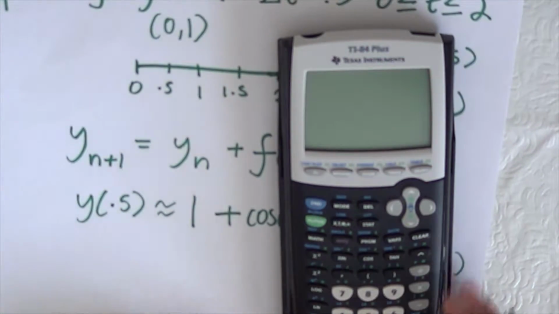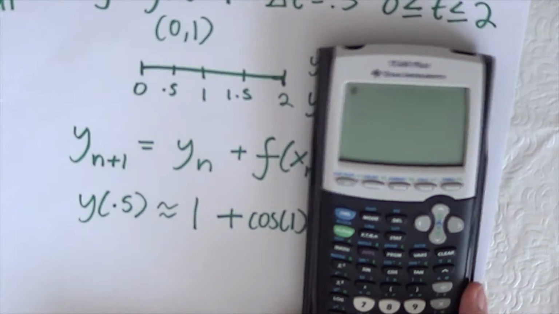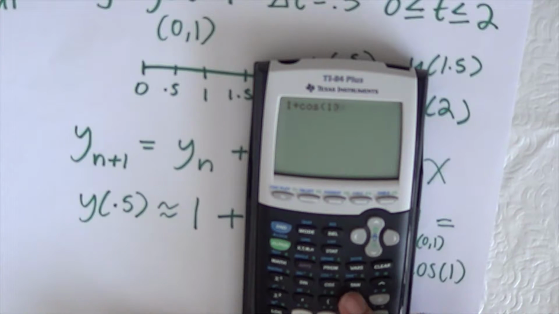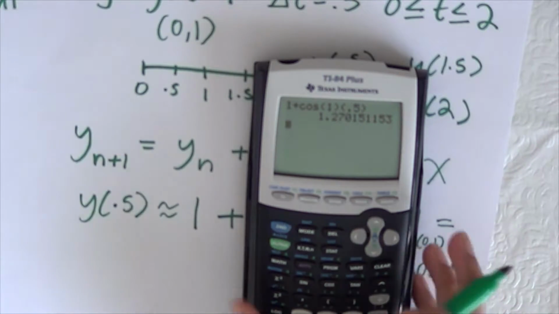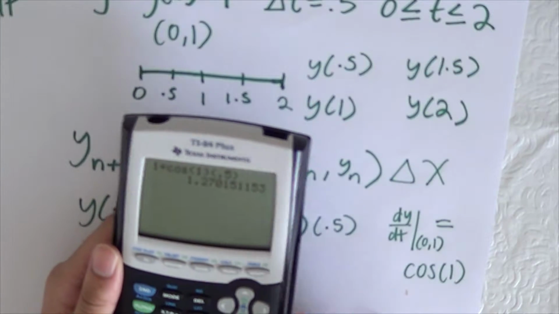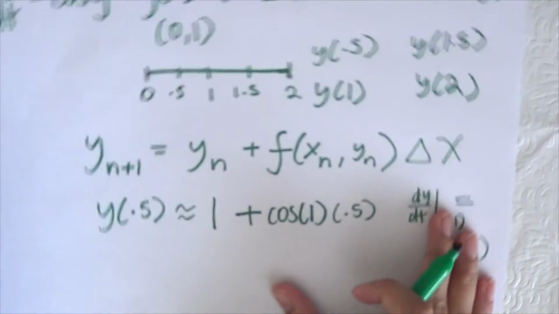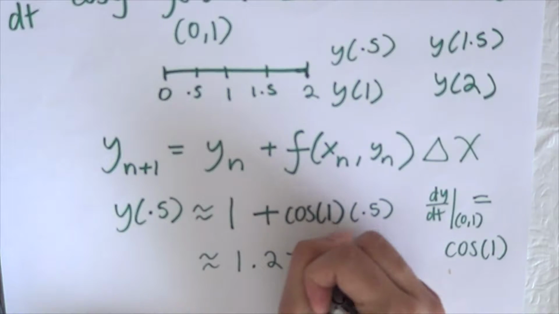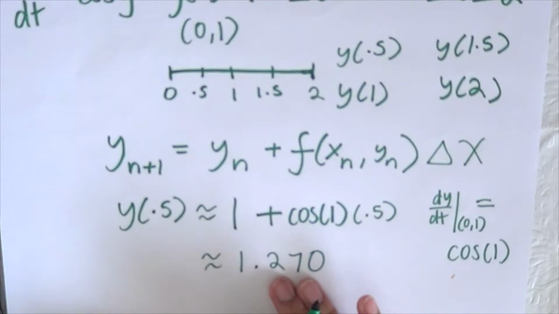So 1 plus cosine 1 times 0.5 equals 1.27 and so on. Make sure your calculator is in radian mode, not degree mode, otherwise you'll get the wrong values. So let's round that to 1.270. That's the first approximation.